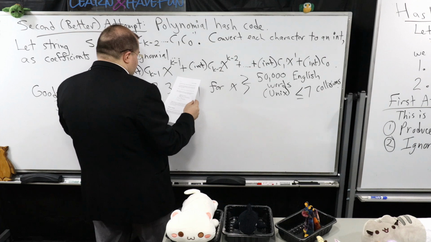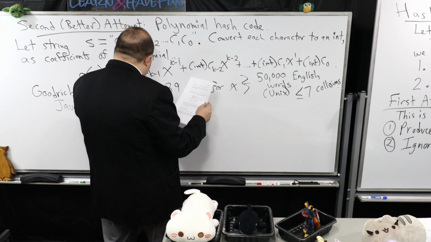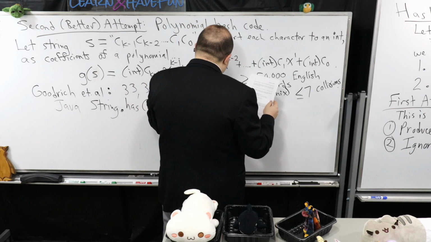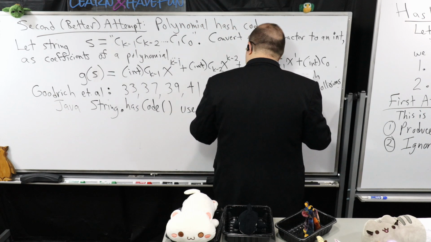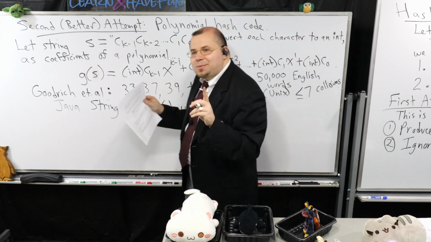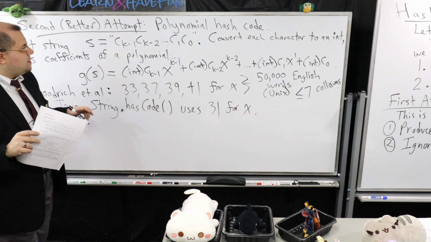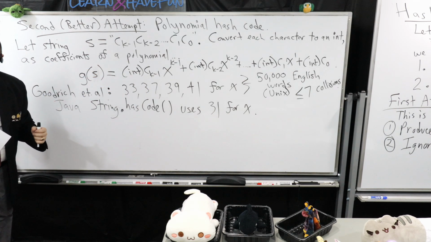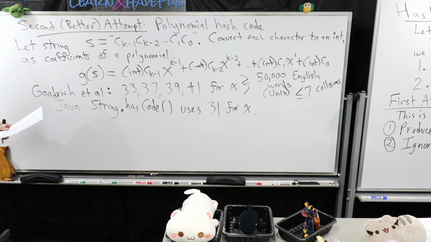If you ever call string.hashcode in that language, it uses 31. So if you can compute this polynomial, you just use one of these values for X, and you can compute this. And it's very natural to do this with a loop.